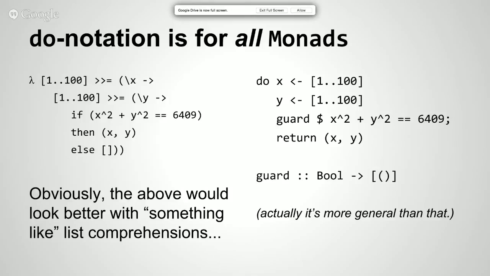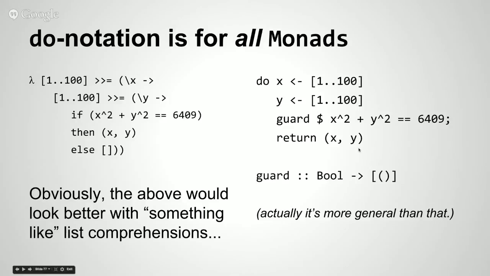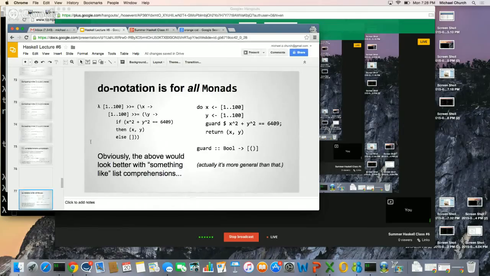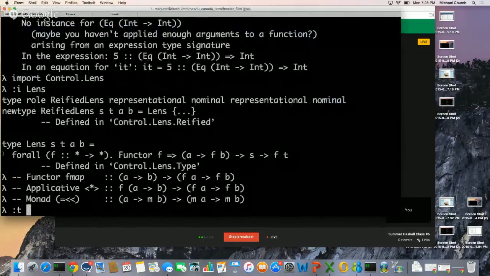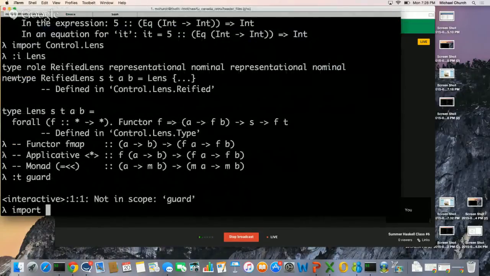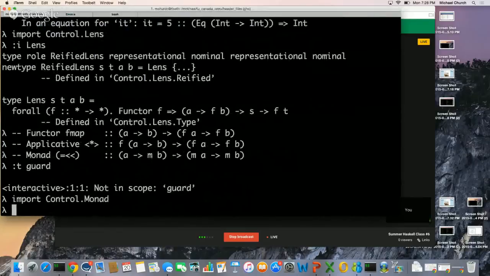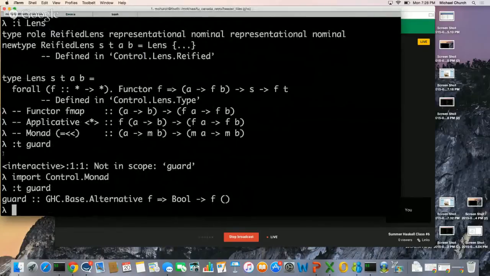So how would you define a guard on a non-list monad? The failure case for most monads, I'm assuming, would not be an empty list. It would be some other representation of that monad. Sure. So let me actually look up the type signature of guard. Control.Monad, Alternative. But I think MonadPlus is Alternative.